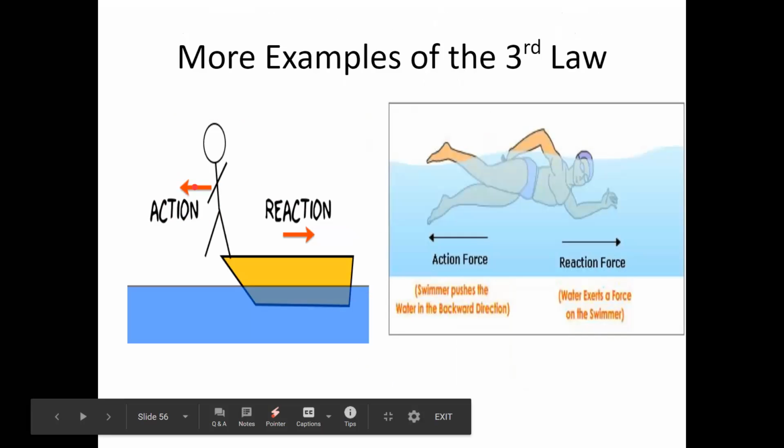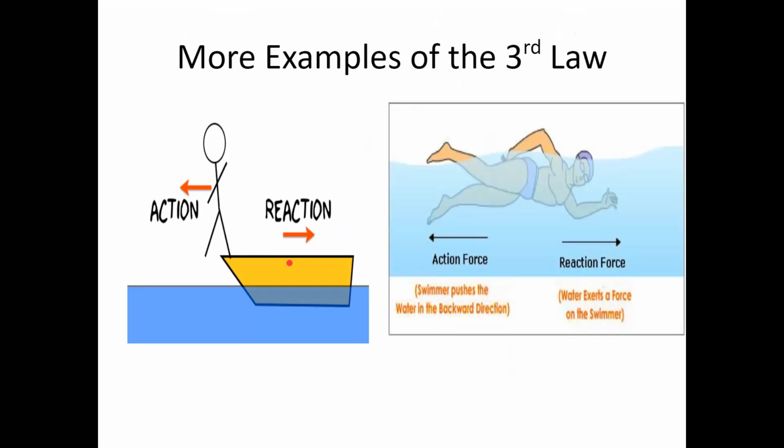One of my favorite examples that I think illustrates it really well is imagine that you're on a boat, either a simple boat, like a canoe or a kayak that you might take out on the river, or if your friend is renting a boat, like a speedboat or something.